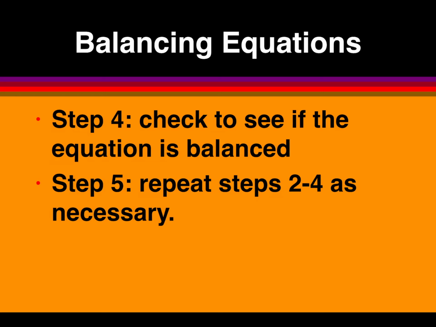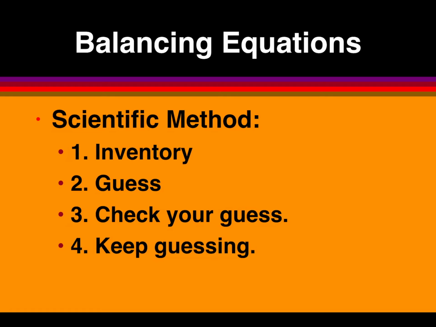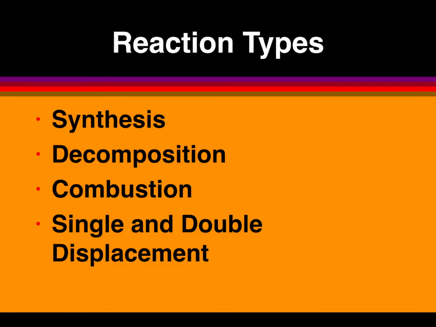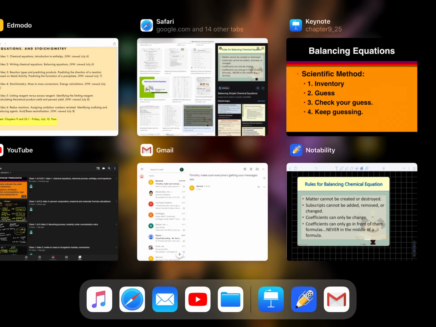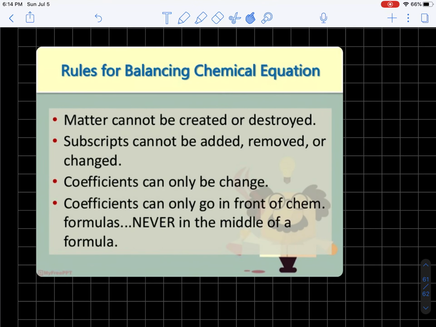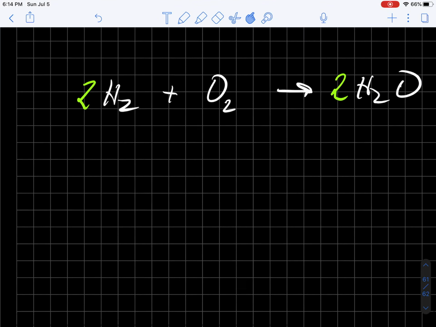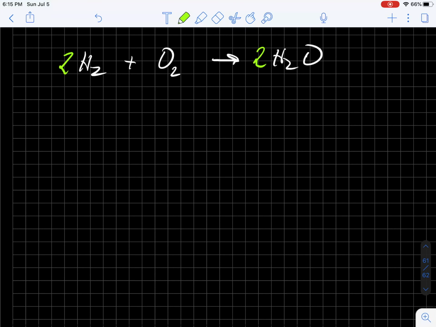If it is balanced, that's great. If it's not, you go back and repeat the steps as much as necessary until it is balanced. So the highly scientific method of balancing equations is to make an inventory and then guess, check your guess, and keep on guessing. But there are some tips I want to show you.